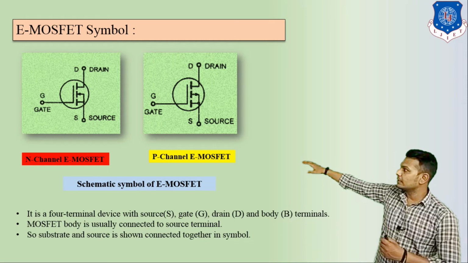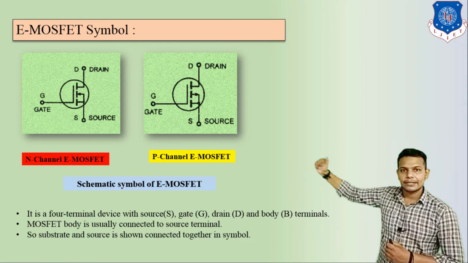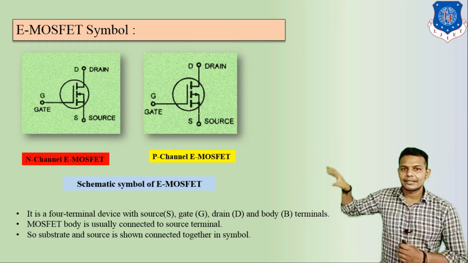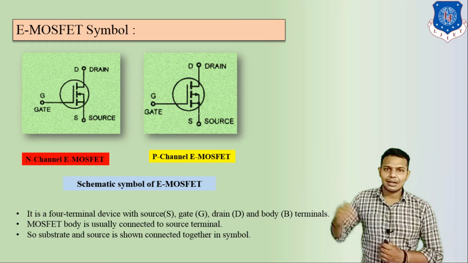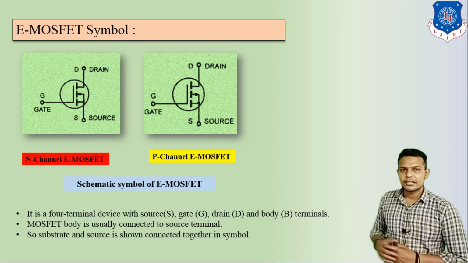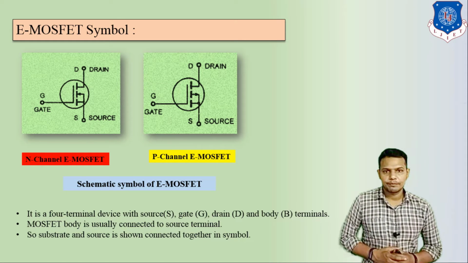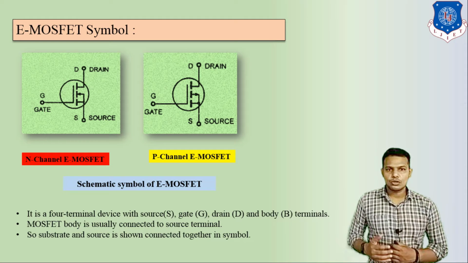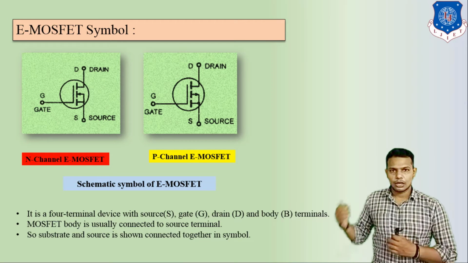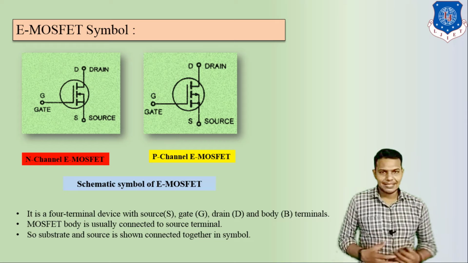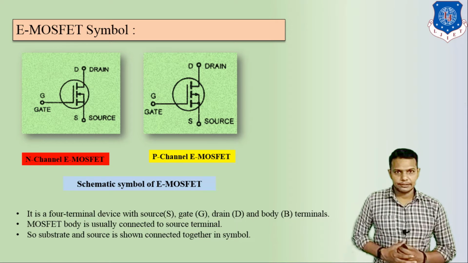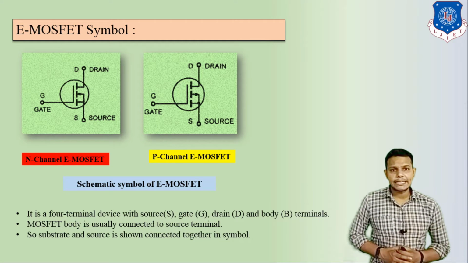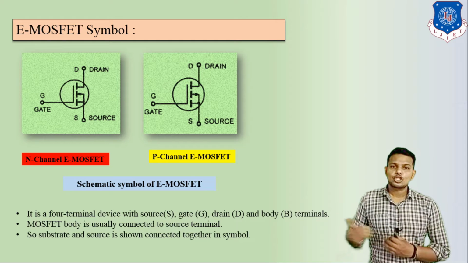The remaining things are the same: the arrow going inside means N channel, and the arrow coming outside means P channel E-MOSFET. Similarly, the terminals of the device are source, that is S, gate, that is G, and drain, that is D, along with the substrate, or we can say body. The MOSFET body is basically connected to the source terminal.